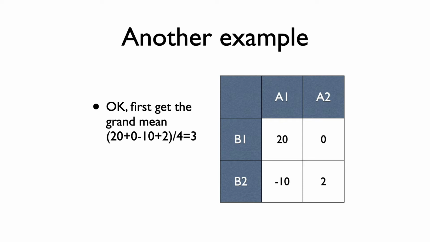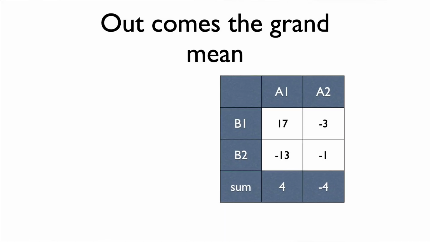So what do we get? We get 17, 10 and negative 13, and 2 minus 3 is negative 1. So let's remove the grand mean. 17, negative 13, negative 3, negative 1.